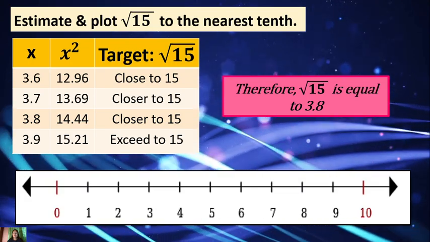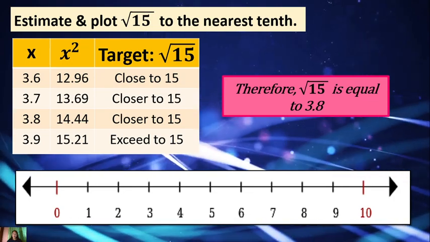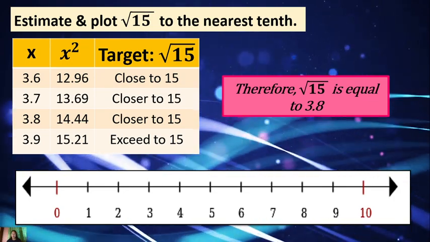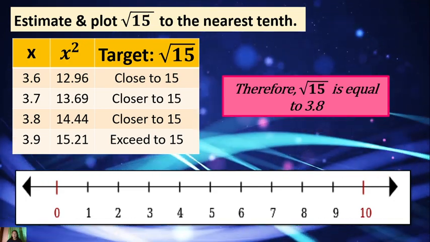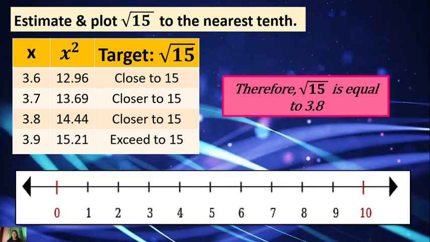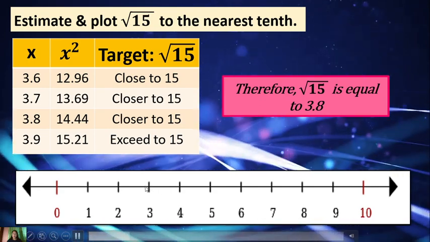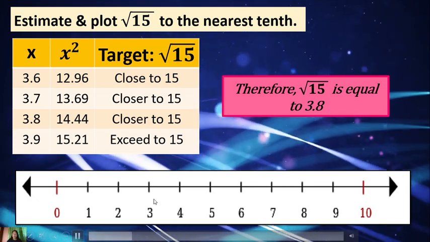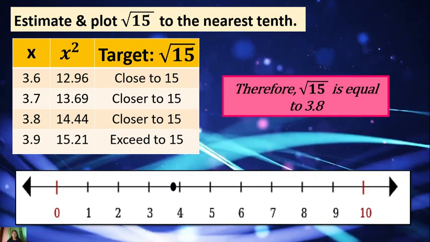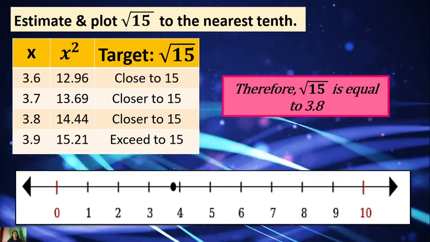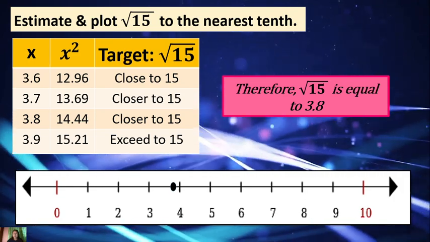And then, in the number line, you are going to plot or locate the exact location of 3.8. And 3.8 is in between 3 and 4, right? Pero nasaan banda siya? So you are going to find out the location of 3.8. Ganon. So maglalagay kayo ng points. Darker points. Okay? Next.